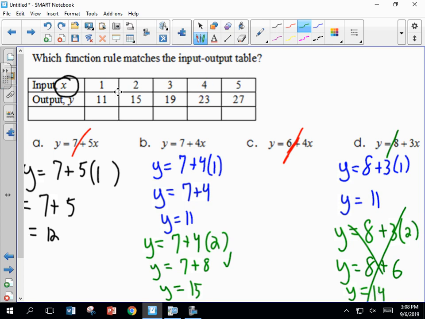It cannot just work for one, because D worked for an input value of 1, but it doesn't for the other ones. B works for all of them. So B is our correct answer. And that's how we're going to use an input-output table to solve these type of problems. You use the input-output table to determine which equation matches that table by plugging them in.